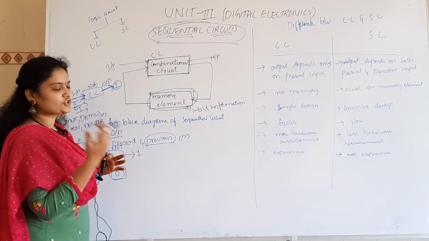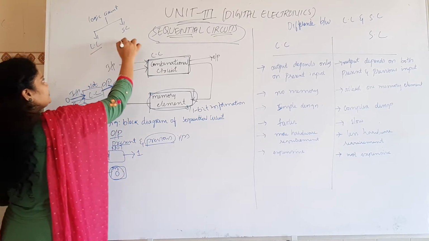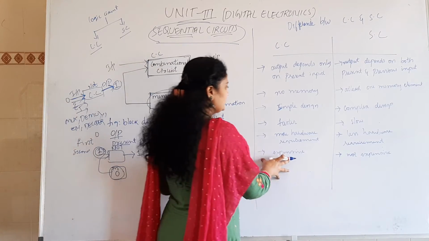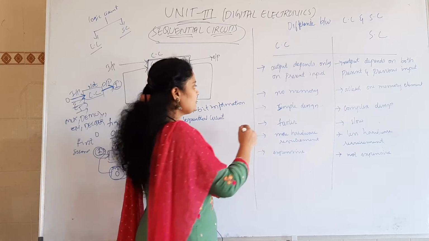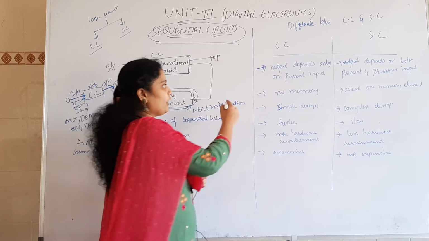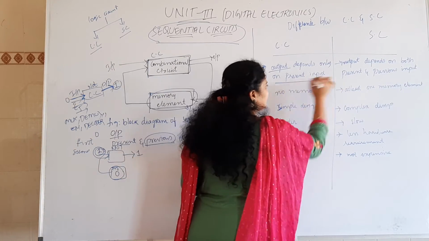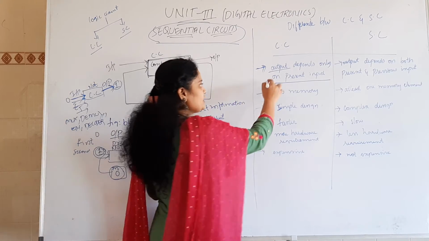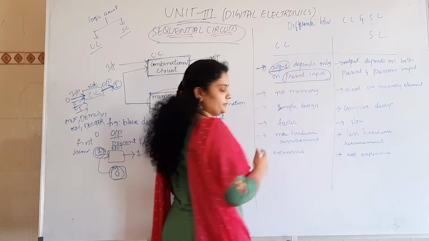Before going to the next topics, first we will understand the differences between combinational circuits and sequential circuits. Our first point, which we just discussed: in combinational circuits, your output is going to be dependent only on the present input.